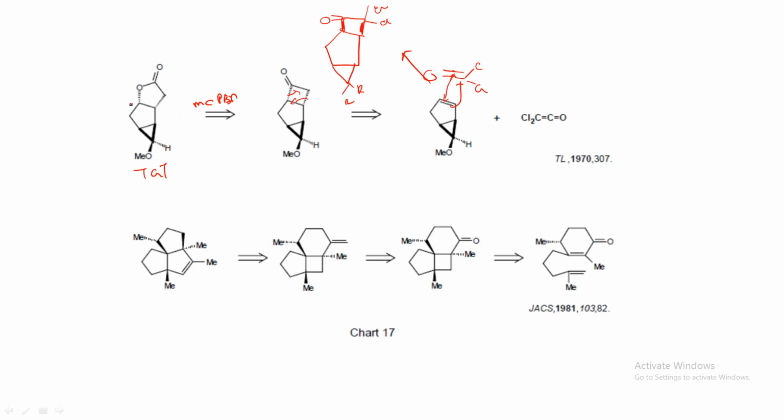So to make sure that the two are cis, that's why they probably contract the ring to 4 member, as for 4 member these two bonds are always in cis fashion, they can't be trans. So having the symmetry element intact in our retrosynthetic analysis is always helpful. So that's one of the reasons for this kind of strategy, and that's why they have included this in this particular category.